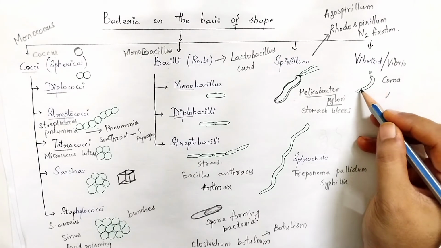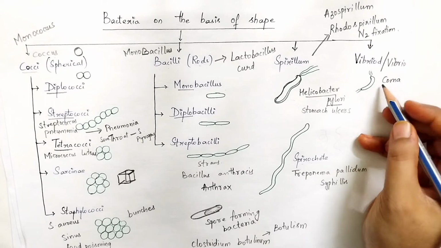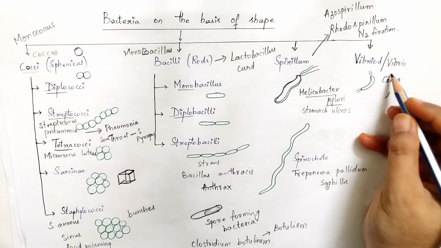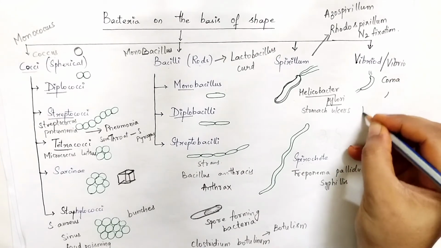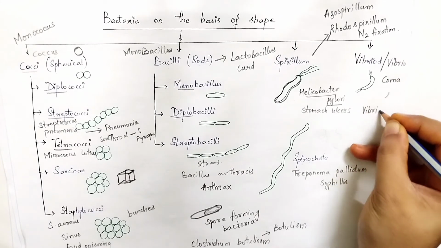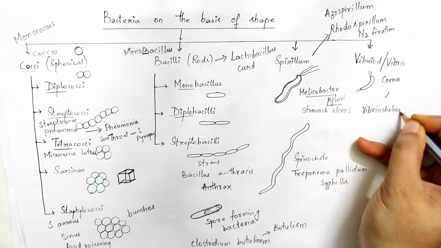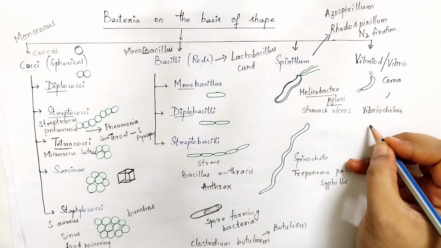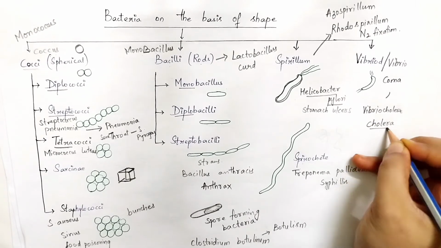This means they have only a half twist, and hence they look like a comma. That's why the name Vibrio. The example for the Vibrioid is Vibrio cholerae. By the name itself, you can understand that Vibrio cholerae causes the disease called cholera.